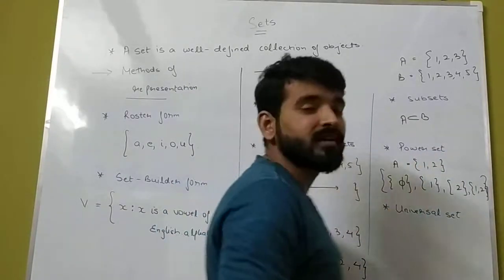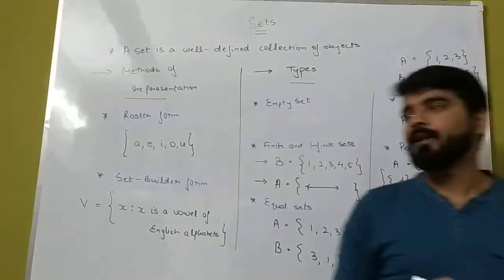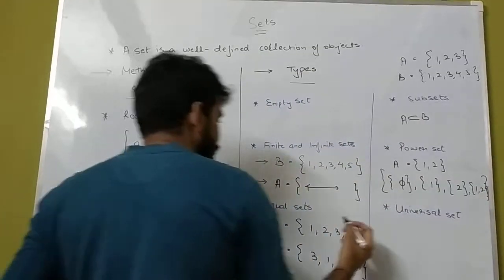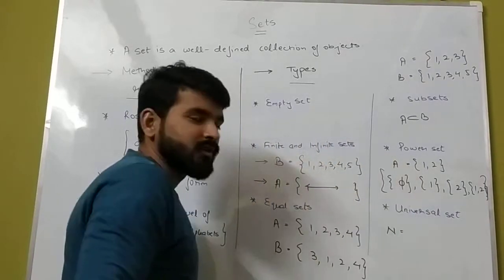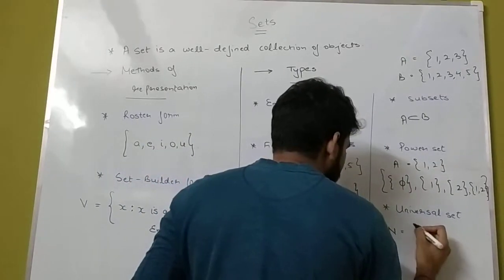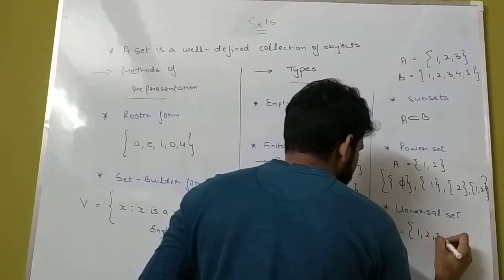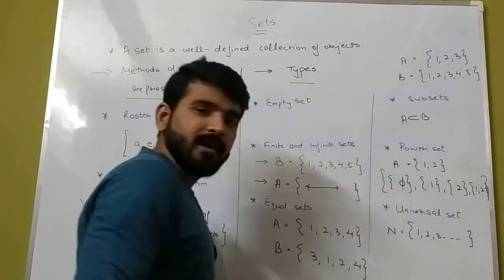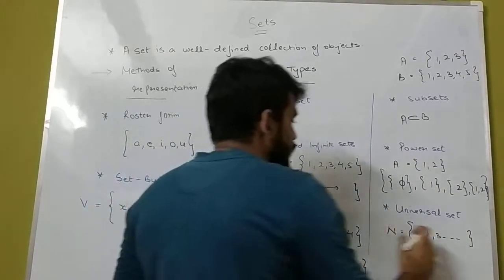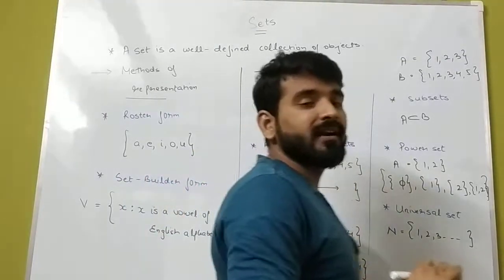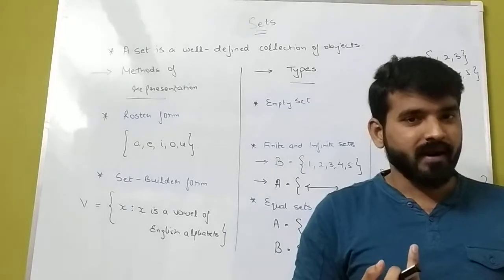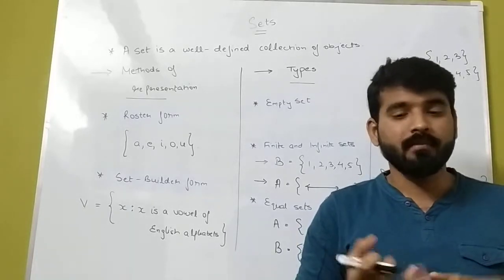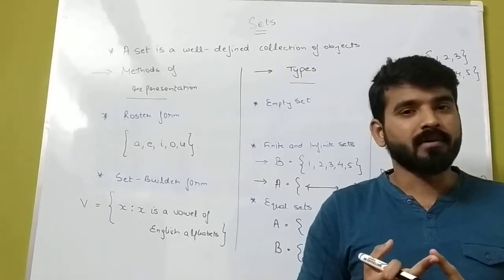Now the last type of set we have is the universal set. Again, let us consider an example. We are always interested in looking for natural numbers. So natural numbers are 1, 2, 3, up till infinity. Now in this particular set we have multiple sets. For example, we have a set of prime numbers, a set of even numbers, and a set of odd numbers.